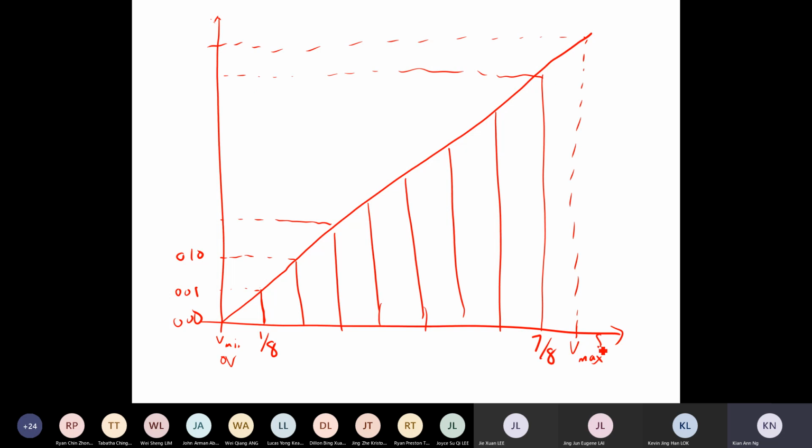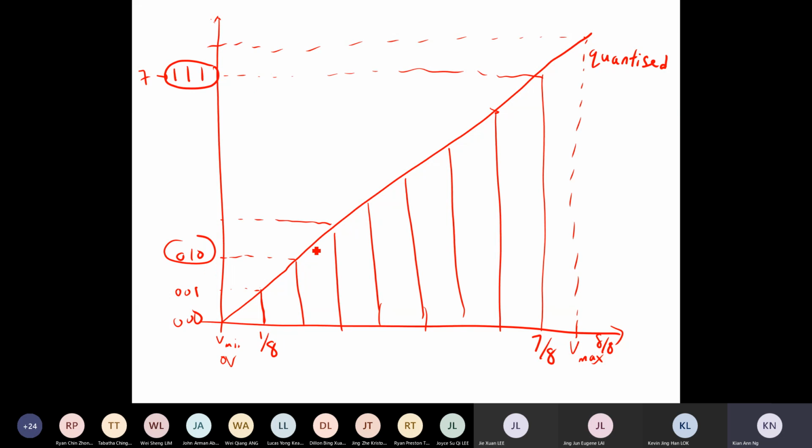Vmax will be 8/8. This will be digital 7. Any signal that falls within a range will be discretized, or quantized. The actual word is quantized.